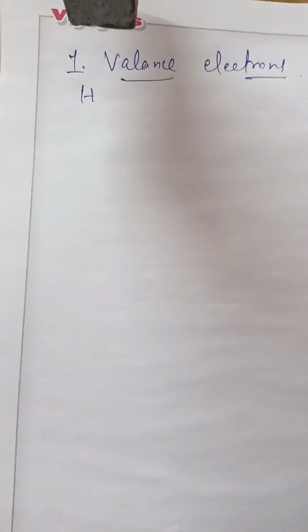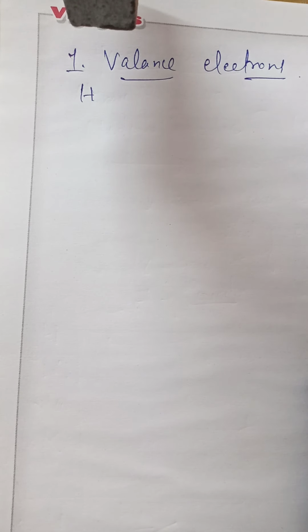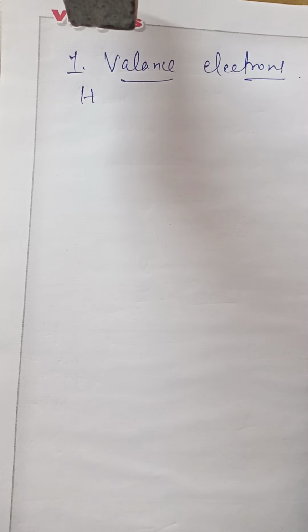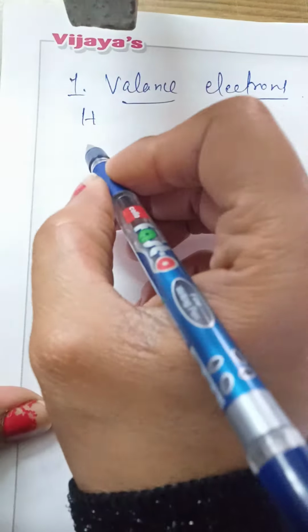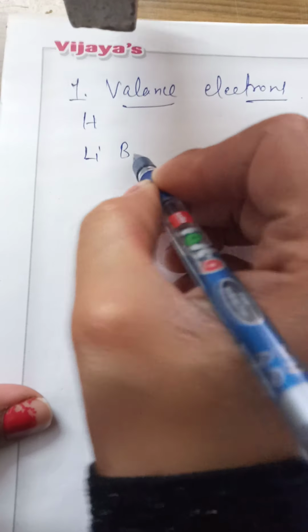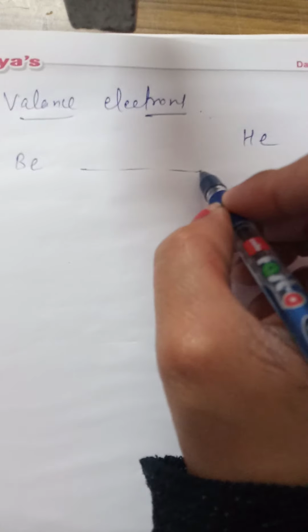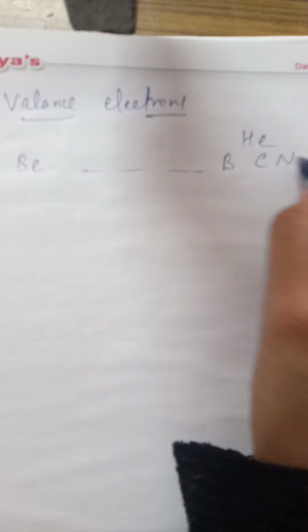Suppose in the periodic table, the first element is hydrogen, and the second one is helium, and then we have lithium, beryllium, and like this boron, carbon, nitrogen, oxygen.